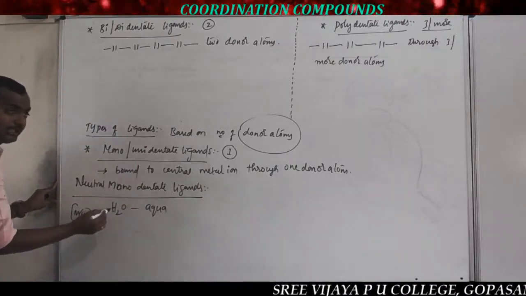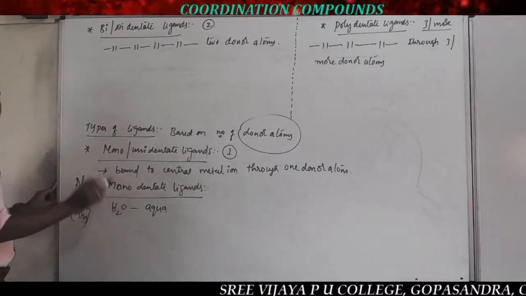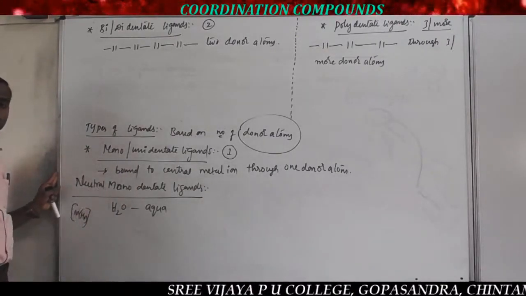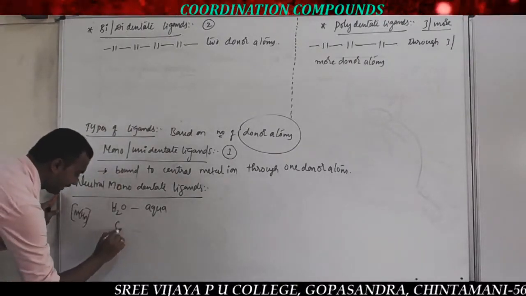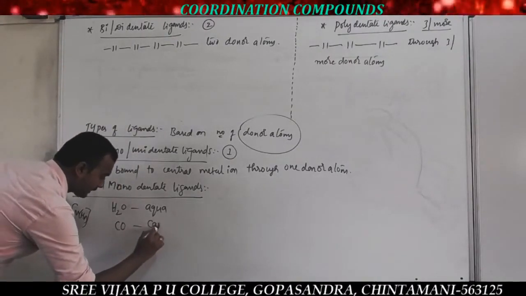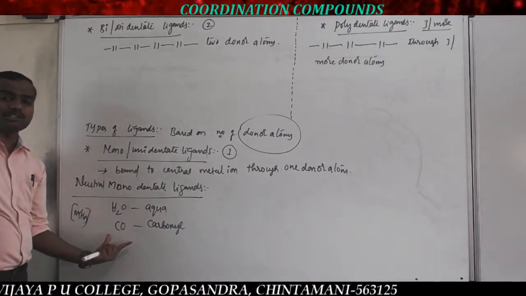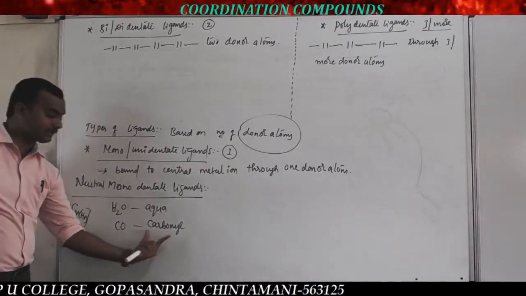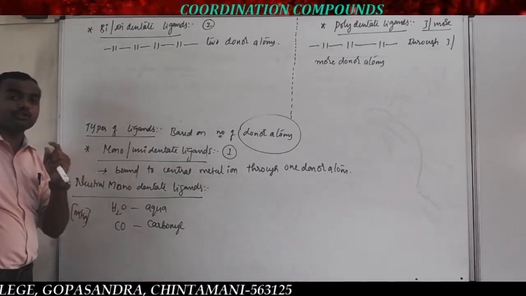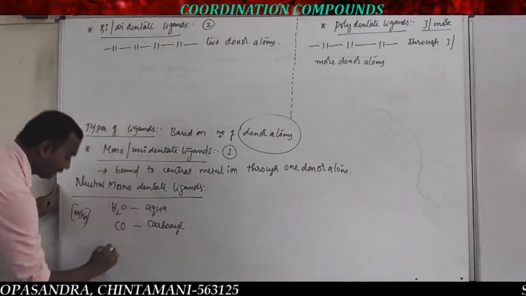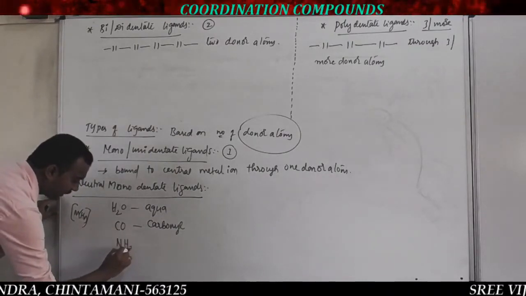Its charge is zero. One more is CO, called carbonyl ligand. It is usually carbon monoxide, but as a ligand it is called carbonyl, and its charge is zero. It's a neutral ligand. And one more very important one is NH3.